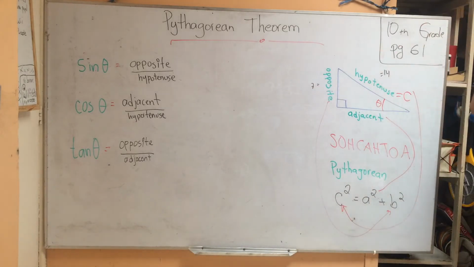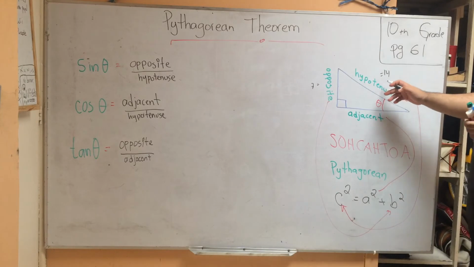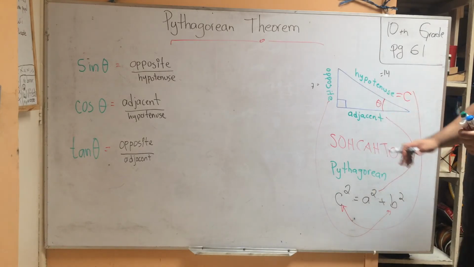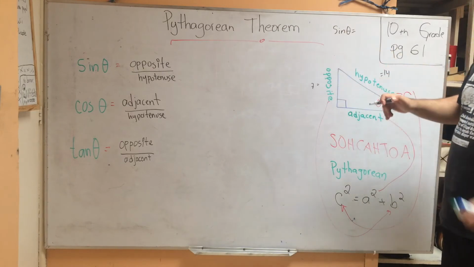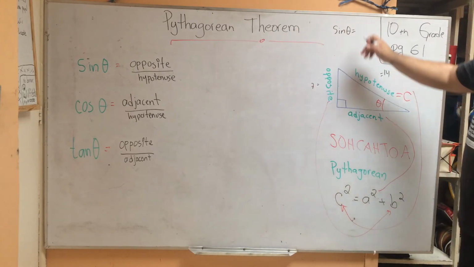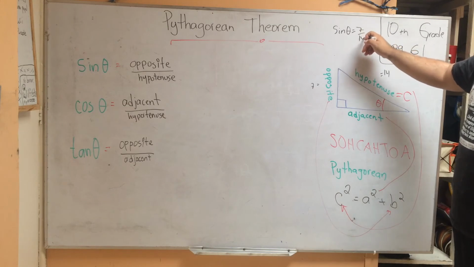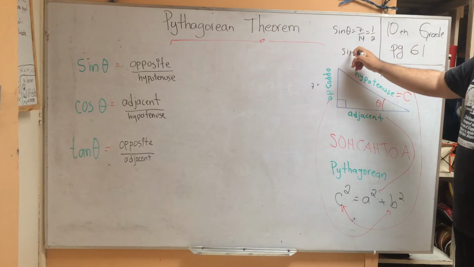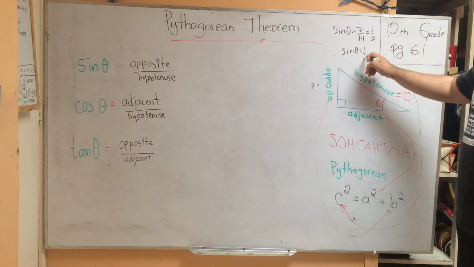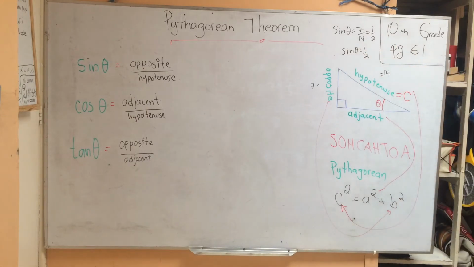We would take this trigonometric function and put the sine of this angle is going to be the opposite over the hypotenuse. So that means that it would be 7 over 14, which is the same as 1/2. If we take our calculators, if you see the trigonometric functions on their calculators, you will see that we have sine, cosine, and tangent.